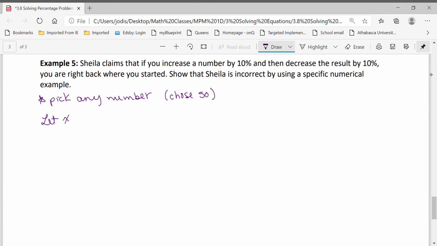So we're going to let X represent the increased value. So in this case, we'd have 50 over X equals 100% over 100% plus 10%.